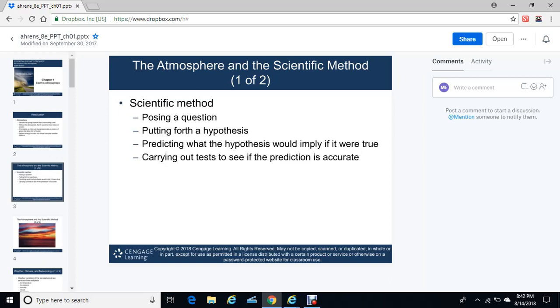They're using the scientific method, looking at the computer models and determining what a particular storm might do, for example, a hurricane, where it might make landfall. And they're going to watch how the weather plays out to see if that educated guess or hypothesis is true. The forecast would be your educated guess, and then you would carry out tests through the observations and what really happens, to see if that prediction is accurate.